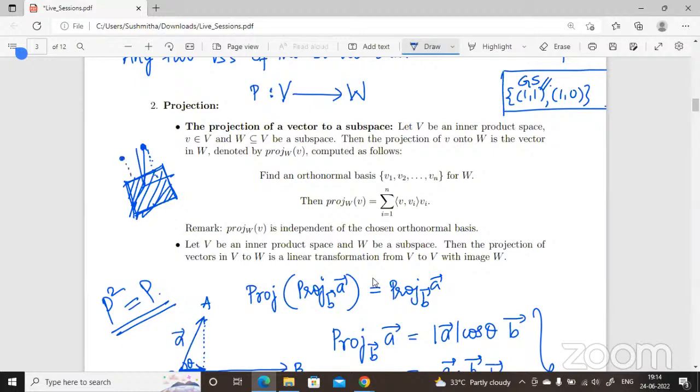There is no condition on which vector you take. So the projection map can be seen as a function from the vector space to the subspace where you want to project. And what is the definition of the function? What is P of V?